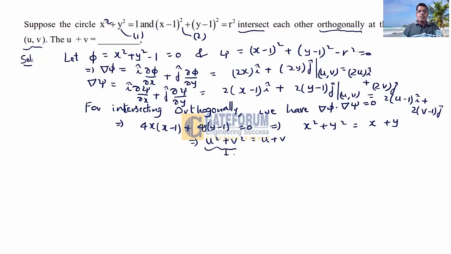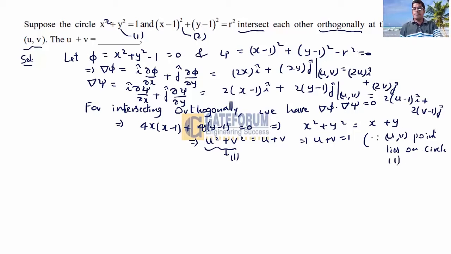Why? When two curves intersect at a point, such a point lies on each curve. So this becomes u plus v is equal to 1, since the point (u, v) lies on circle 1, which implies you will be getting u square plus v square, the point satisfying the circle equation.